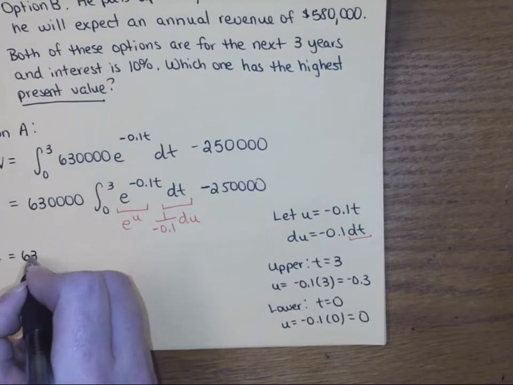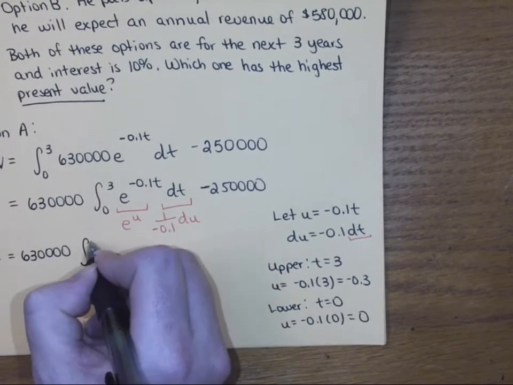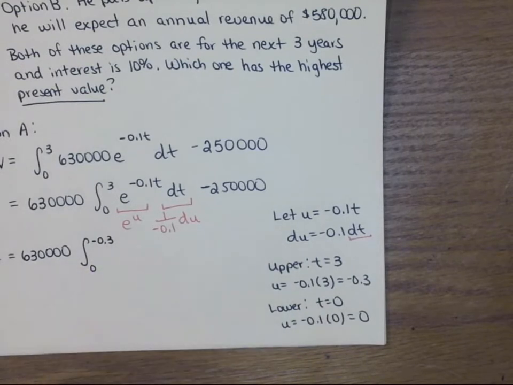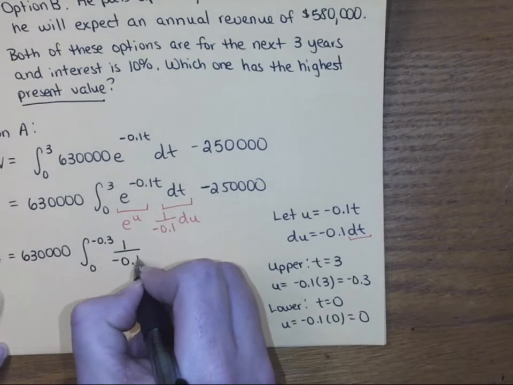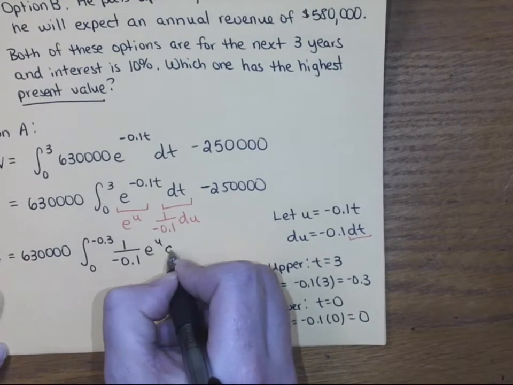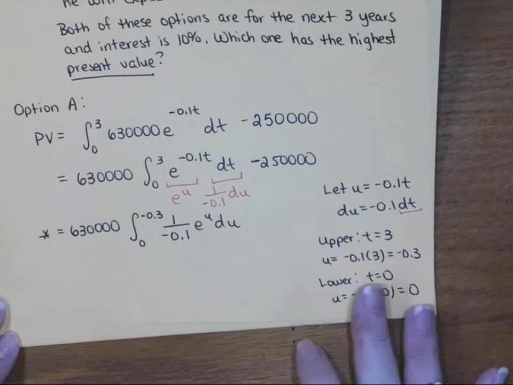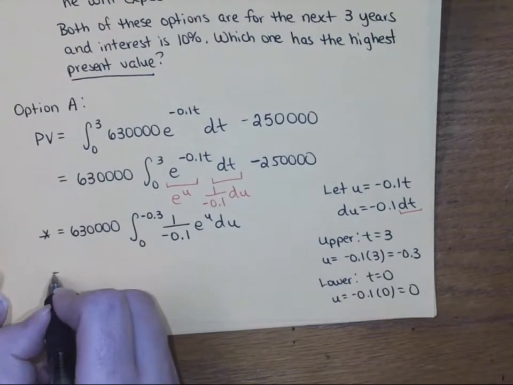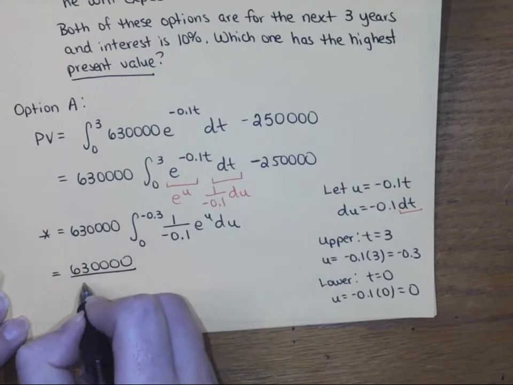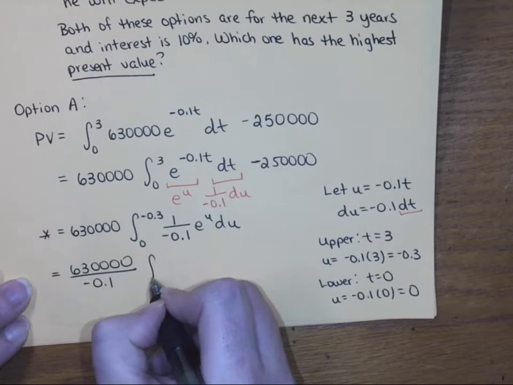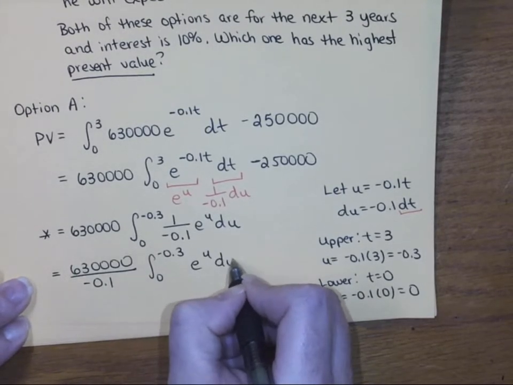This is what we end up with: 630,000 times the integral from 0 to negative 0.3, and then I had 1 over negative 0.1 e to the u du. So I'm going to move that fraction out. It's a pain, I get it, but really we're just having these weird constants at play here, that's all.